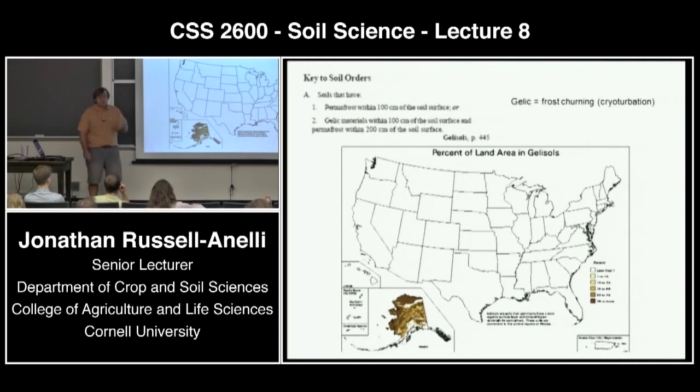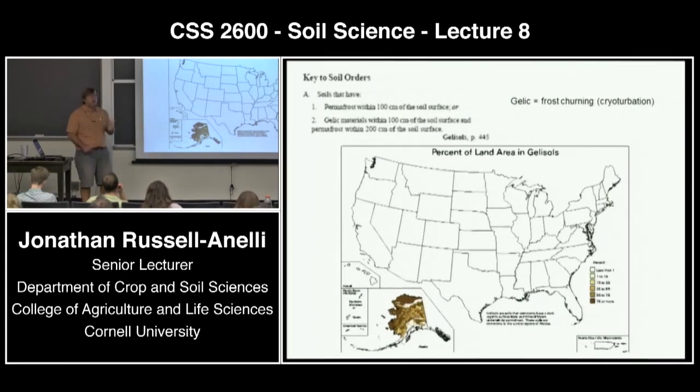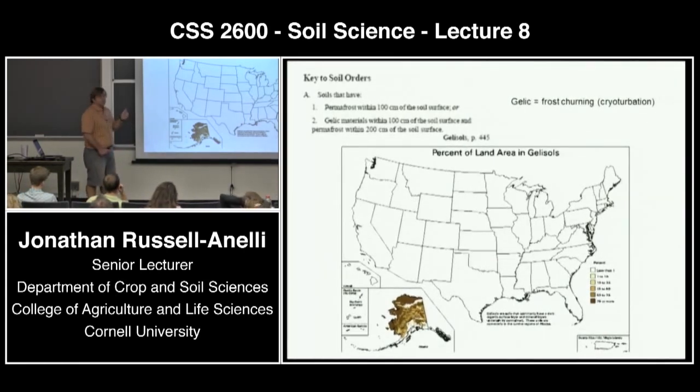The question that we ask, sitting right up there on the top, is one simple question as to what that diagnostic feature is. We're looking for the ear bone or the hip placement. Soils that have permafrost within 1 meter of the soil surface, or gelic materials, that's the cryoturbation materials, within 100 centimeters of the soil surface, and permafrost within 2 meters of the soil surface.